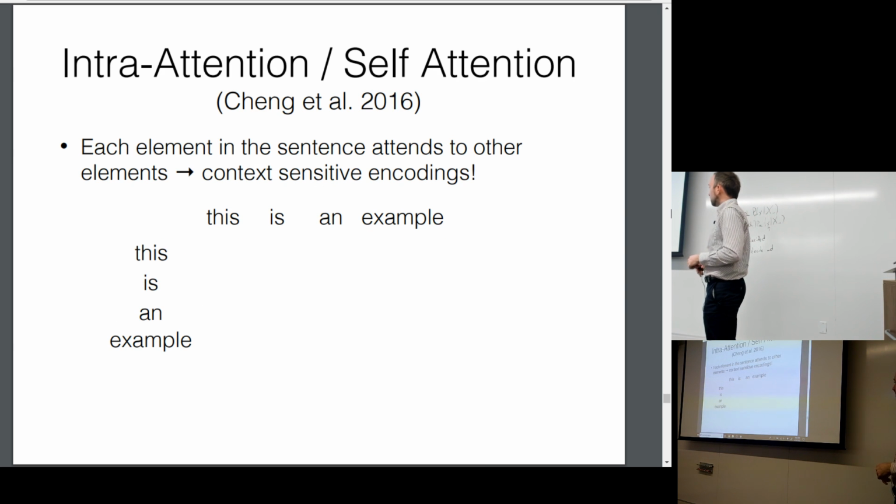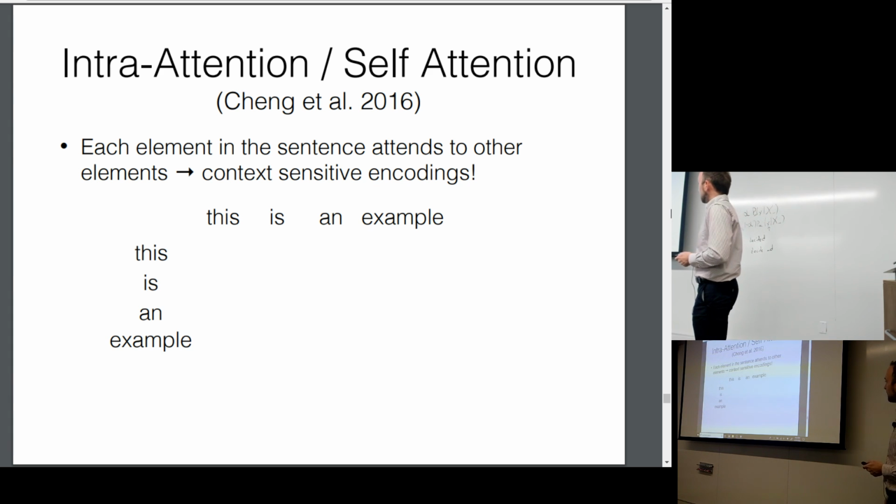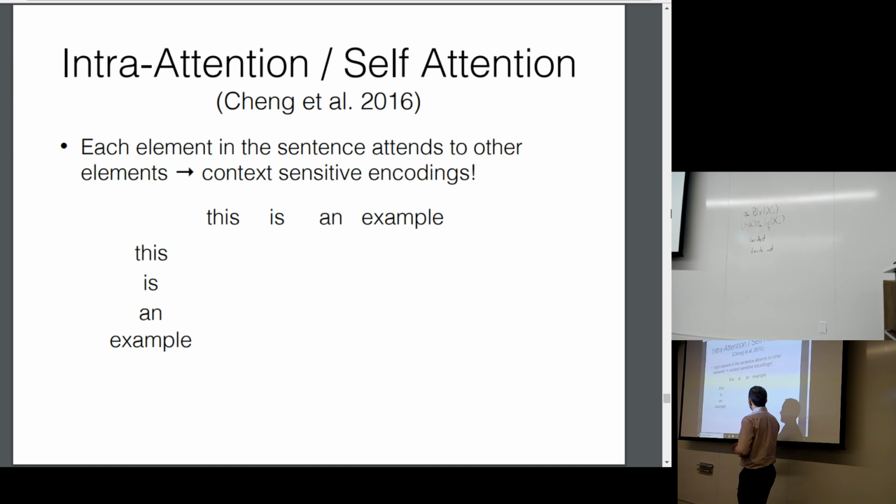Another thing that's become very popular lately due to some very impressive results is something called intra-attention or self-attention. So the idea is that each element in the sentence attends to the other elements in the sentence. Here we have the sentence and the sentence.